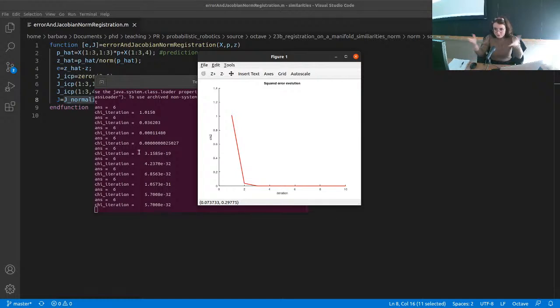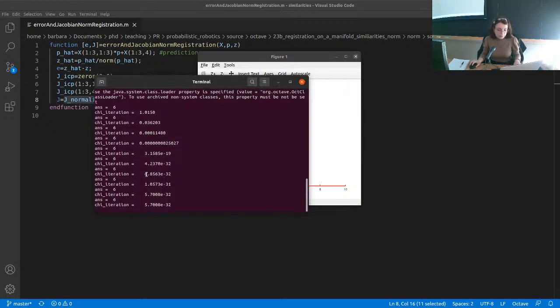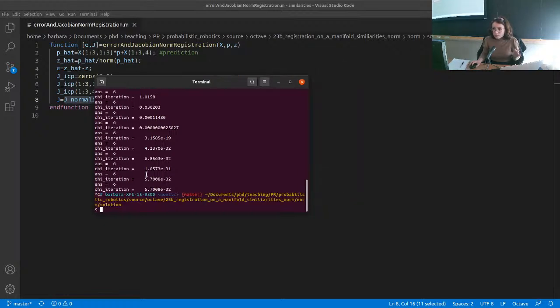Everything is synthetic in this context, so we expect the error to go to 0. No outliers and so on. Here you see also the evolution of the chi as the iterations proceed. In the first one it was 1, and then it rapidly goes to 0, let's say 1e-19, 1e-32, so it's 0. Okay.